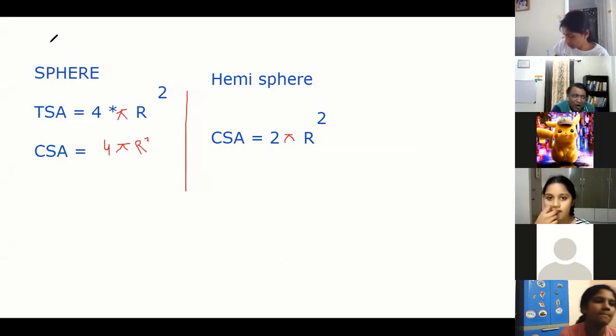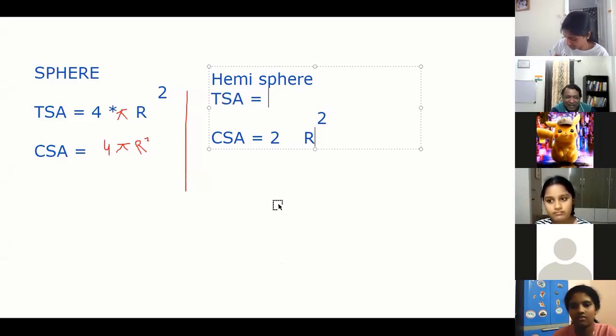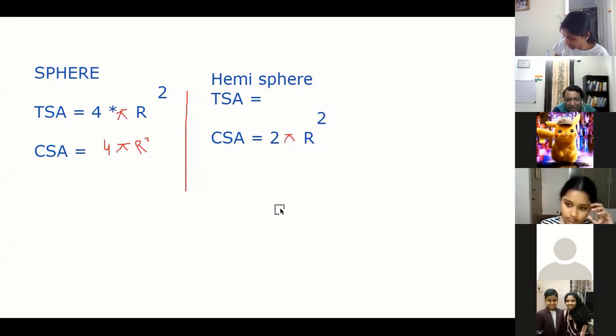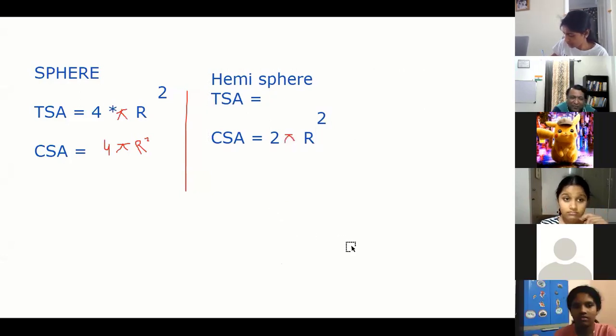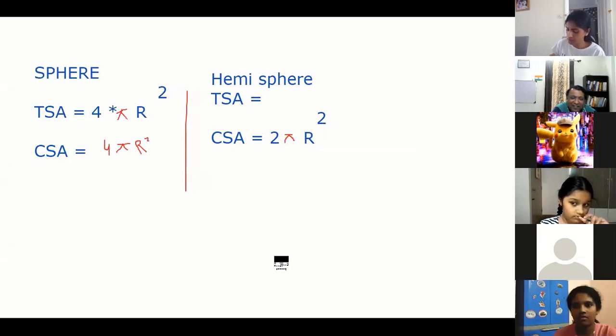Now tell me, what will be the total surface area of a hemisphere? Is it the same or different? Different, sir. But Shweta, I want other people to tell first. Who will explain what and why if it is different? Sir, it is different, but I need time to calculate.